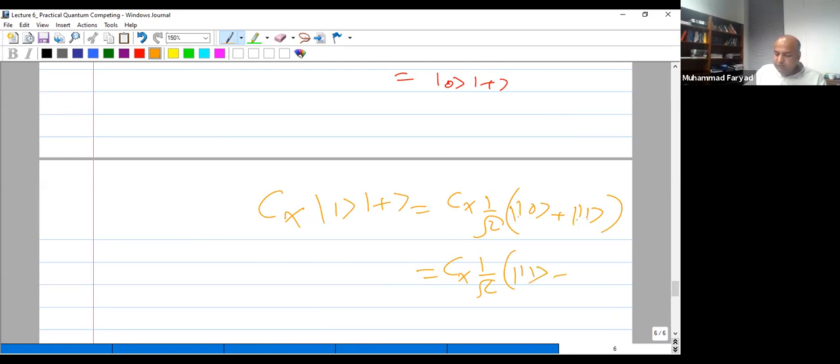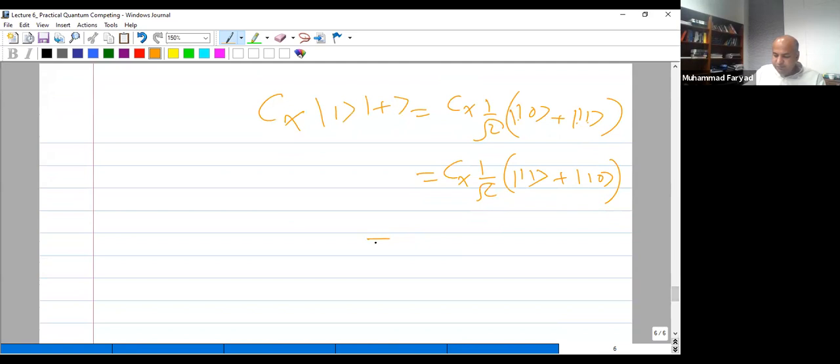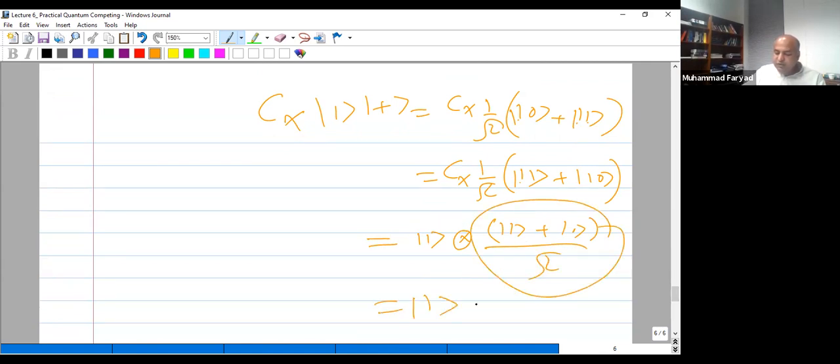Control 1, target flips, 1, 0. And I can take this 1 common from the left side. So 1 tensor (1 plus 0) over square root 2. This is nothing but still plus state. So I get 1 plus. So 1 plus goes to 1 plus.